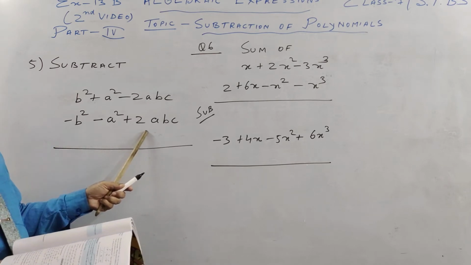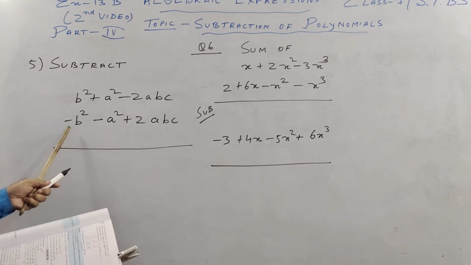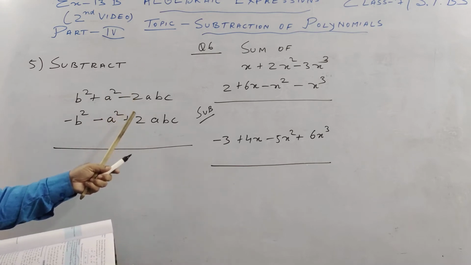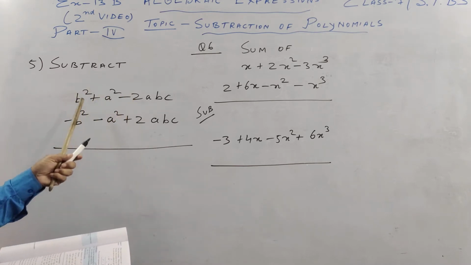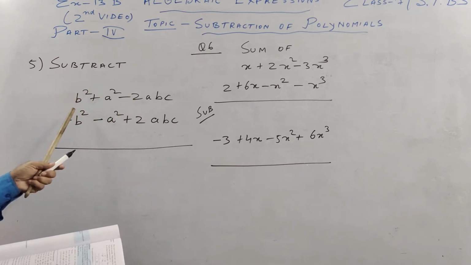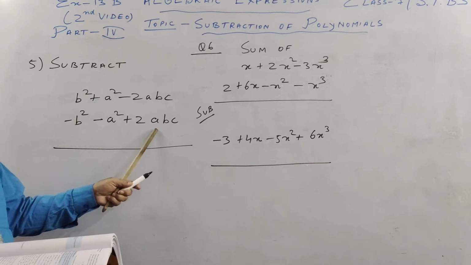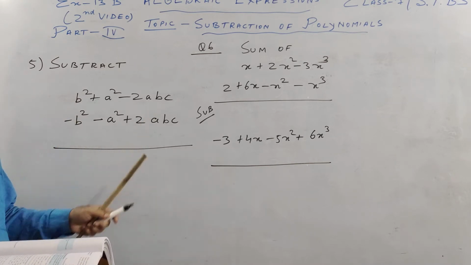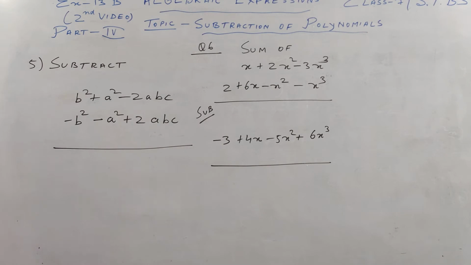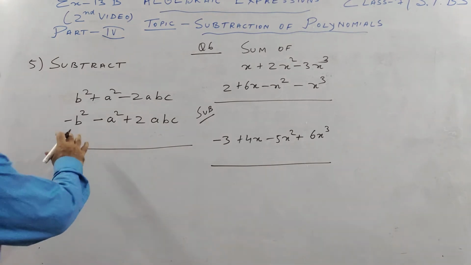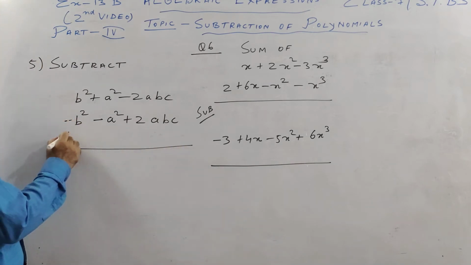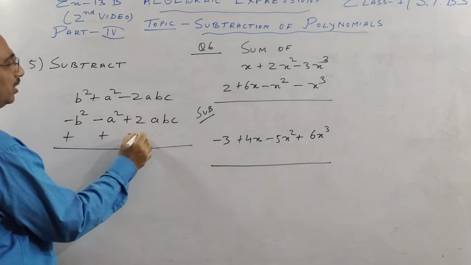Second one, which I have to subtract, I have to rearrange them because like terms should be in one column, one below the other. So here I have changed the order to make like terms, and then we are going to subtract. As I told you, in subtraction, leave some space here, change minus into plus and plus into minus.